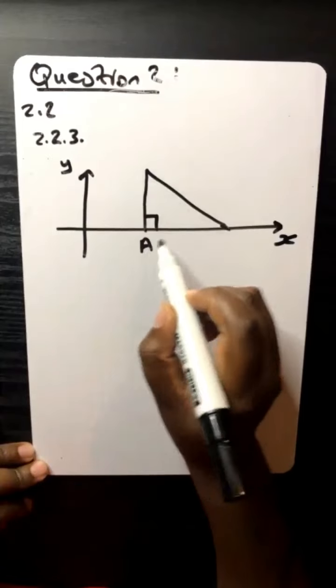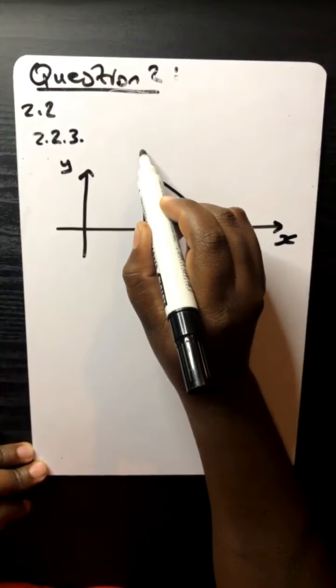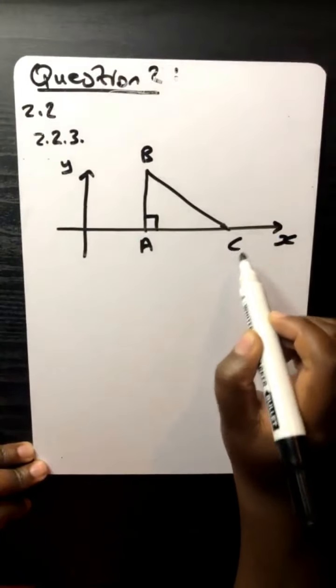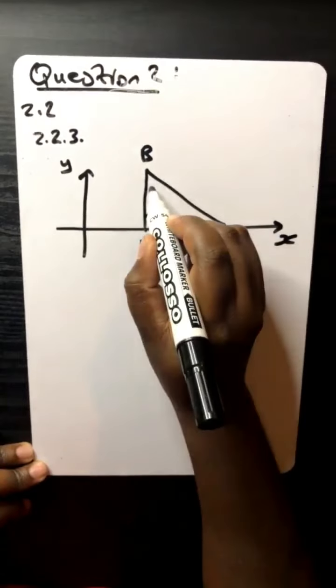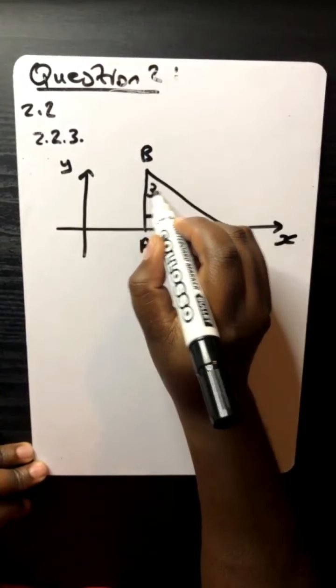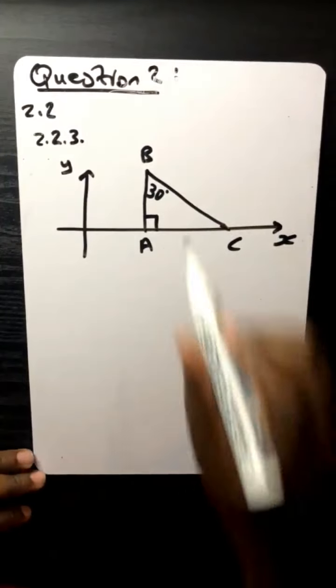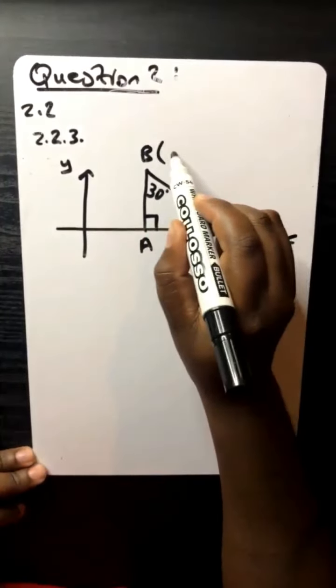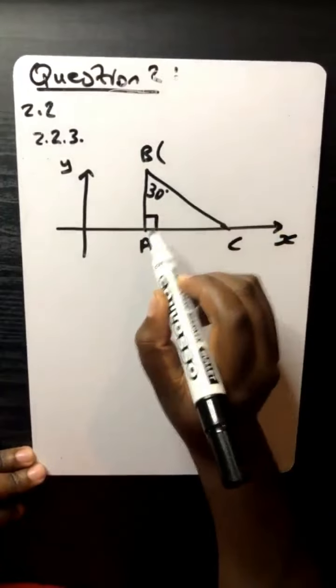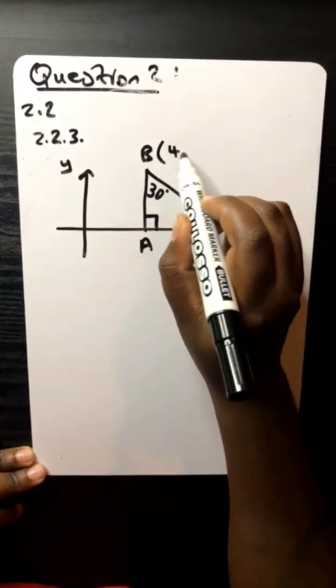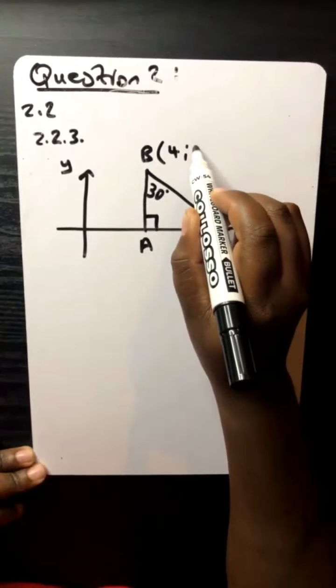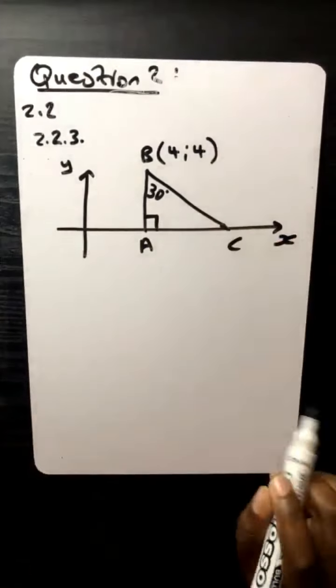So let's say we have A, we have B over there, and we have C, and they say this angle there is 30 degrees, and they give you the coordinates there to say this is, let's say, 4 and 4.